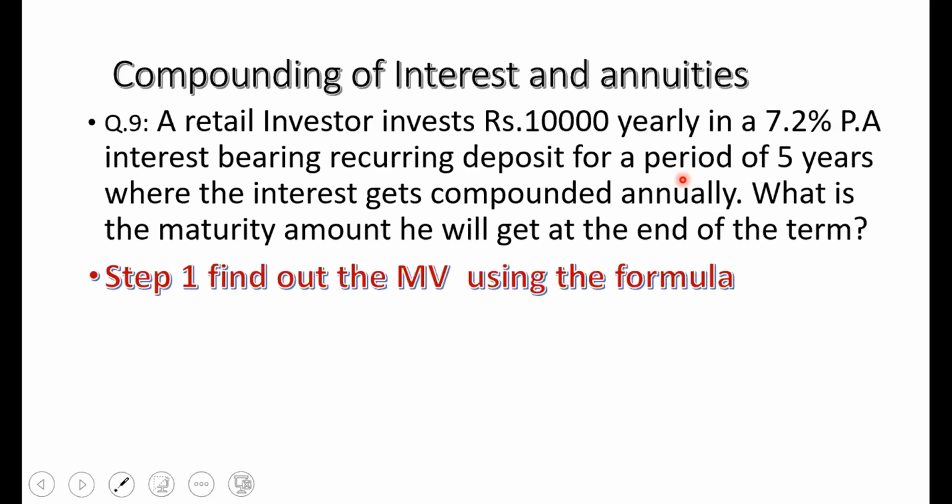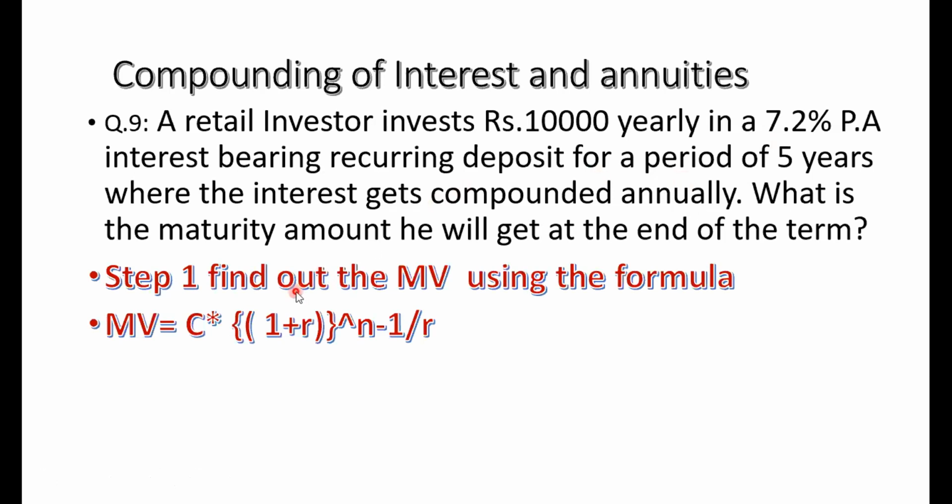Here, another formula you have to remember: the RD formula. RD means recurring deposit. That is different from the formula 1 plus R to the power N, which is compounding. Here every month or every year or every quarter you are investing something. How much will you get at the end of the stipulated period?